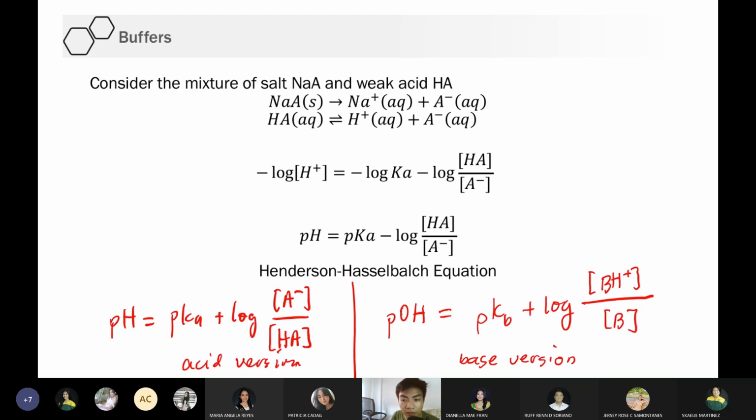Okay, para mas marami kayong chances na makabisado to so that when we are on chapter 5 na, madali na lang sa inyo gamitin tong Henderson-Hasselbalch. Okay? So chapter 5 pa talaga to pero idinamay ko na para advanced, no? Okay, so yan. So this is the Henderson-Hasselbalch equation. This will tell you kung ano dapat yung ratio ng inyong salt and ng acid or base. That will give you the certain pH.